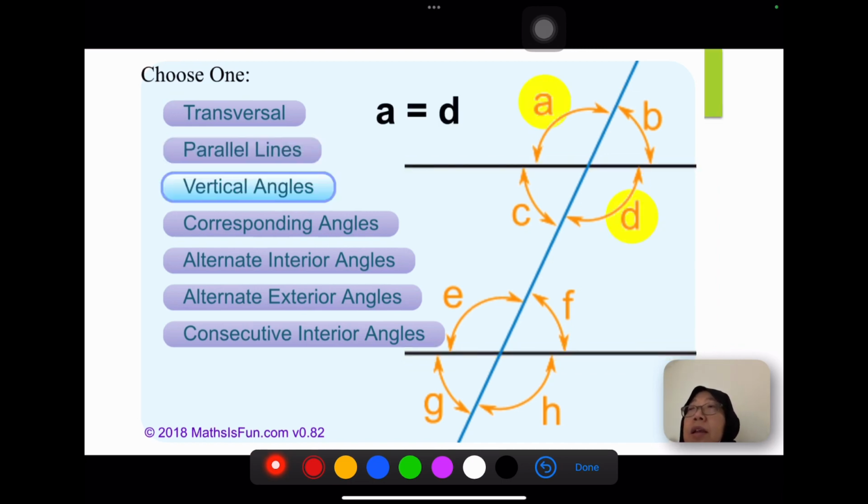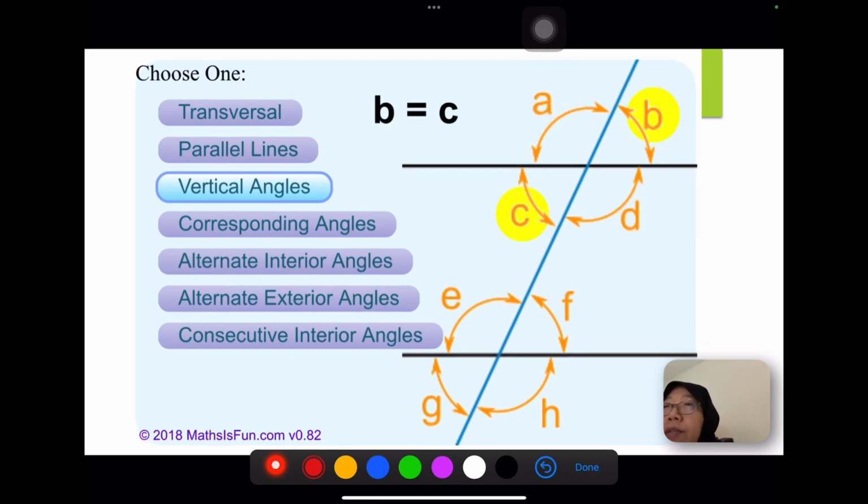And then we have vertical angles. Vertical angles are opposite each other. So you can see that A equals D. That means the angle for A is the same as the angle for D. So these are vertical angles.